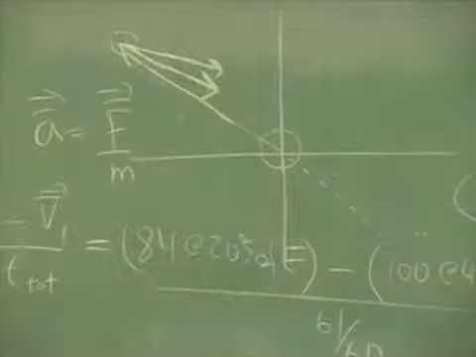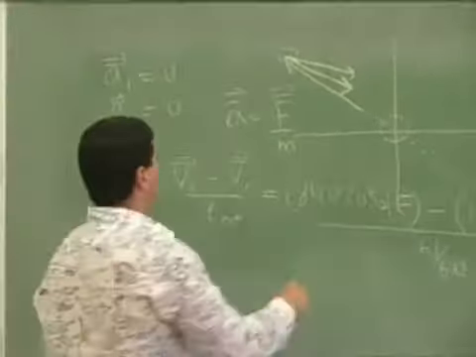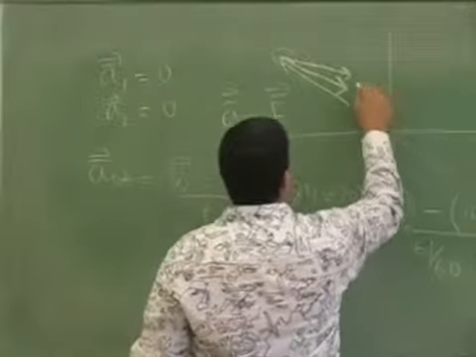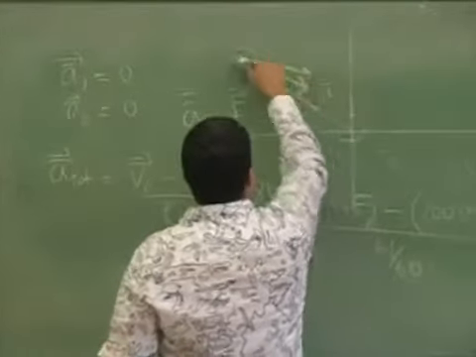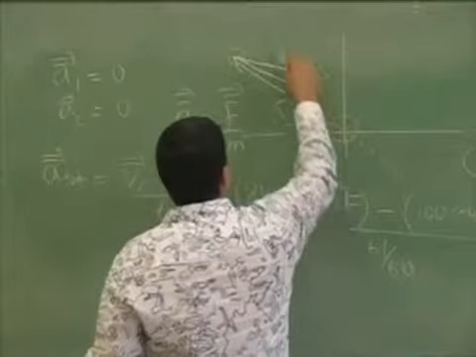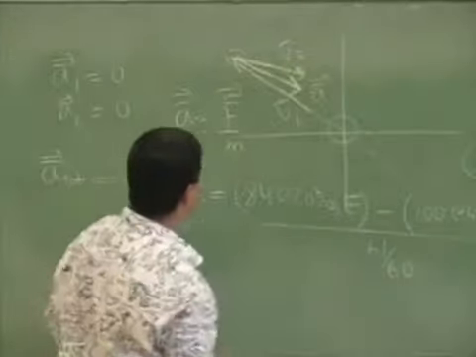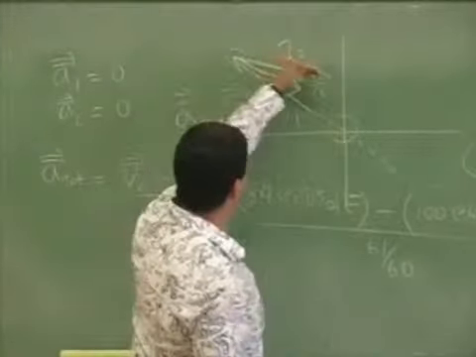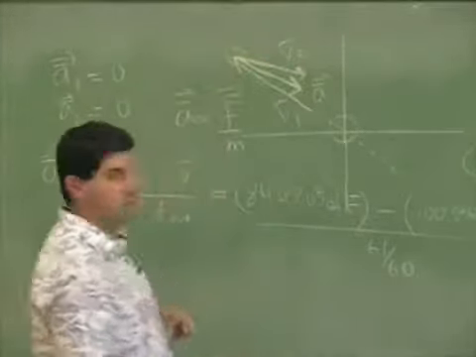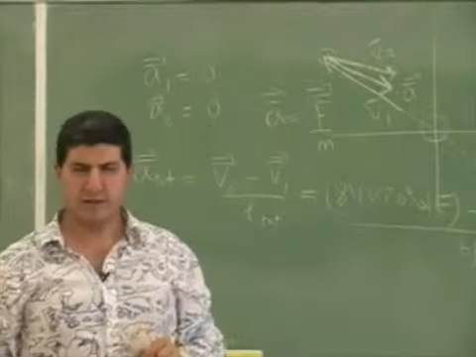As a matter of fact, that could be a way of testing your answer to see if you're right. I expect the average acceleration vector to be in between the average v vector 1 and the average v vector 2. Right? This is the average v vector 1, this is the average v vector 2. I expect the average a vector to be in between. Why do I say that? Why do I expect that?